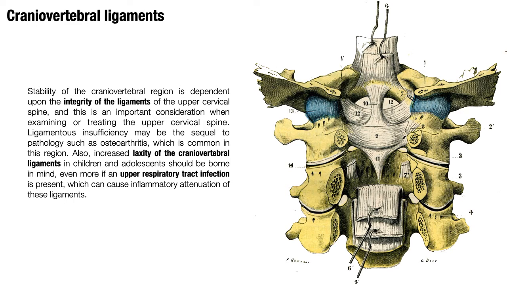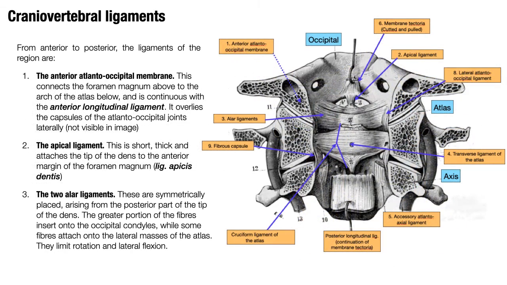Also, for instance, in children with upper respiratory tract infection, this ligament may be attenuated by inflammation. So, assessment of these conditions and accurate knowledge of the anatomy is extremely important to chiropractors. Let's go with the ligaments.